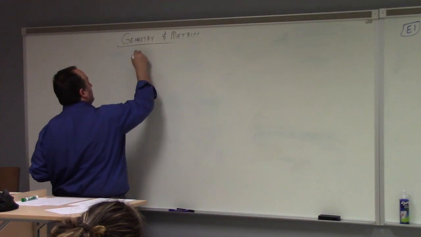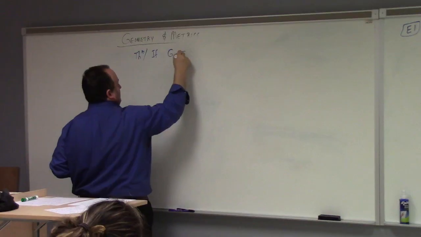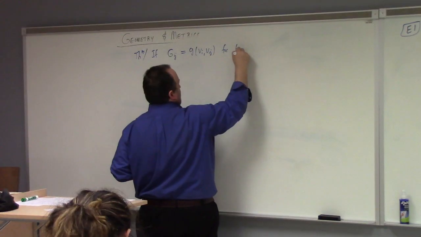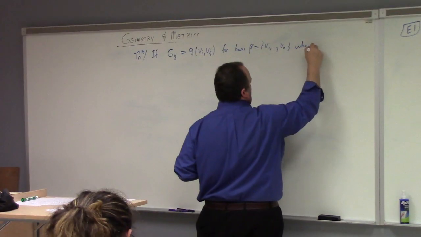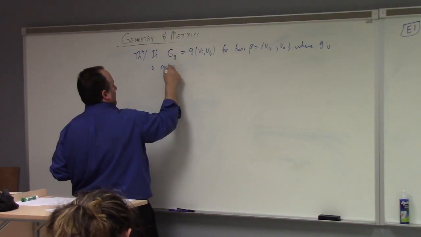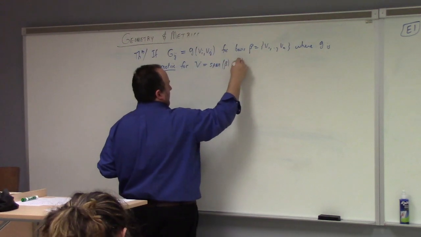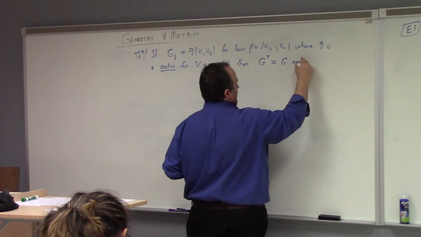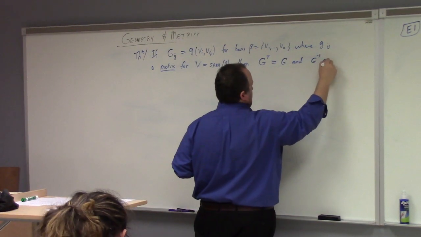So theorem, if G_ij is equal to g of v_i v_j for basis beta equal to v_1 through v_n, where g is a metric for V, which is of course the span of beta, then G transpose is equal to G, and G inverse exists.